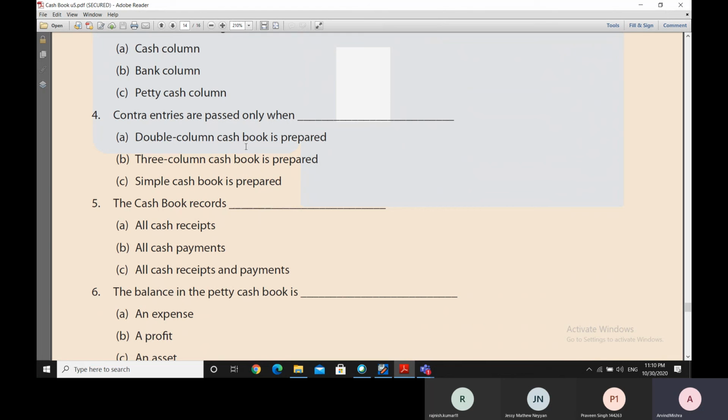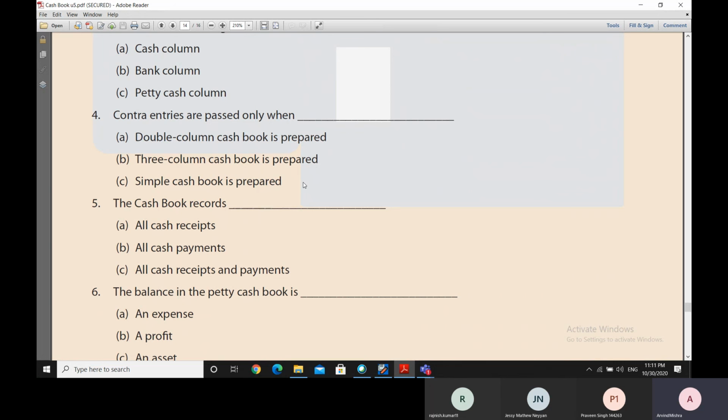So as we have seen, contra entries would be required when we either deposit the cash from the office to the bank, or we withdraw it from the bank and put it in the cash box. Since we are having double columns there, both the cash as well as the bank, contra entries are passed.